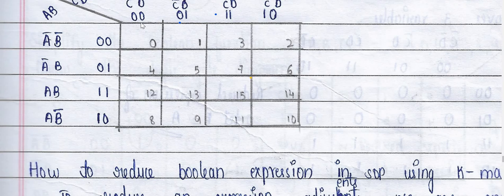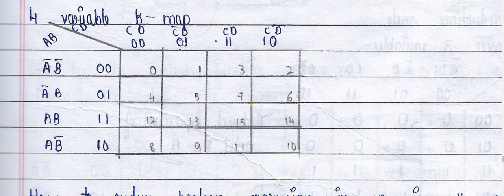The top side has the same gray code: 0 0, 0 1, 1 1, 1 0. How do we represent this 0 0? It corresponds to the variables CD, so 0 0 is C bar, D bar.